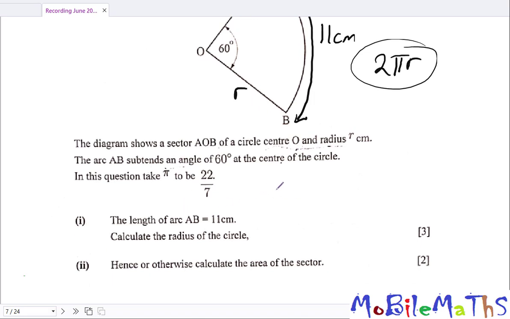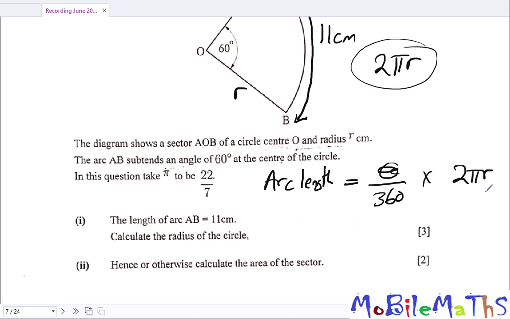We are going to say arc length is equal to 2 pi r, but the angle, we factor it into our formula. So we use theta over 360 degrees times our formula for arc length.